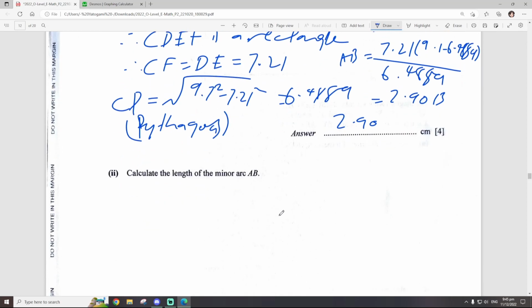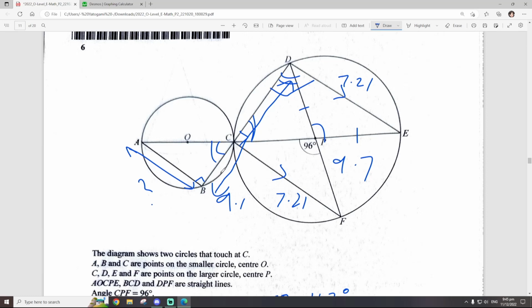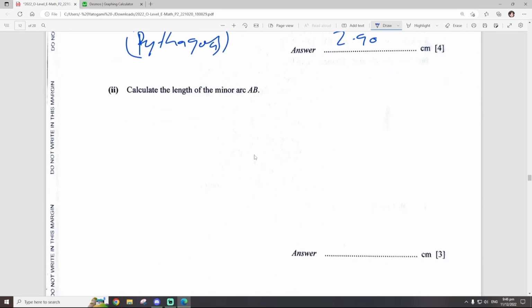Calculate the length of the minor arc AB. So the minor arc will be this one. How do you calculate that? Well, what is the angle AOB? It's just going to be 96 degrees, because again, there are similar triangles. Similar triangles tell you that this and this are the same angle. And OA is OB, so AOB can be deduced to be 96 degrees.